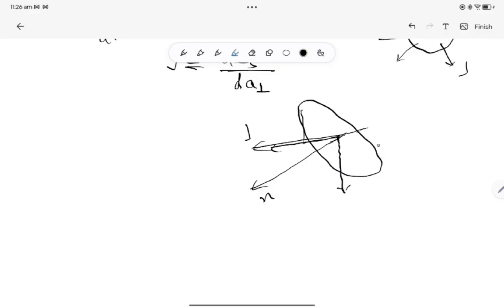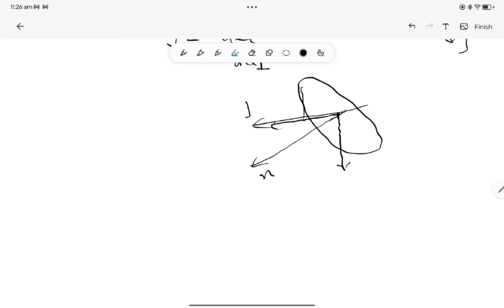Since we have taken J as horizontal, this is the parallel component of the normal, and this is the perpendicular component of the normal.